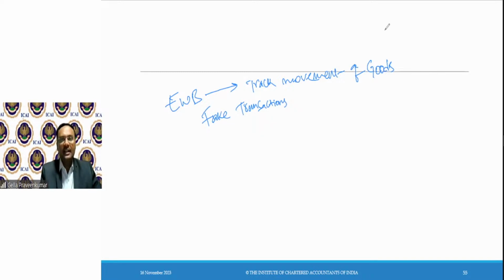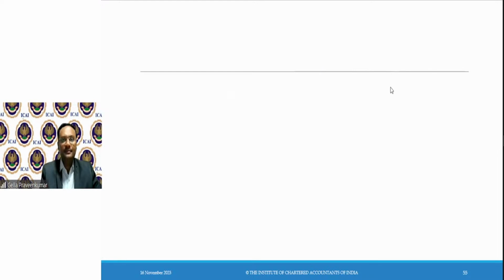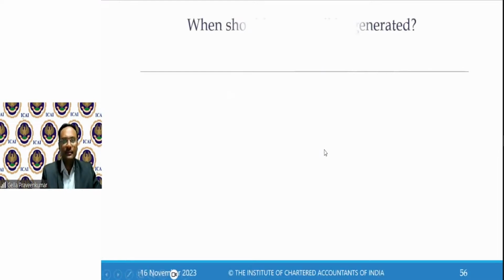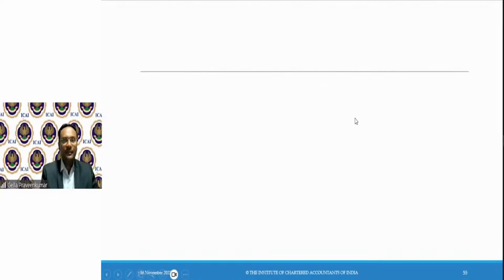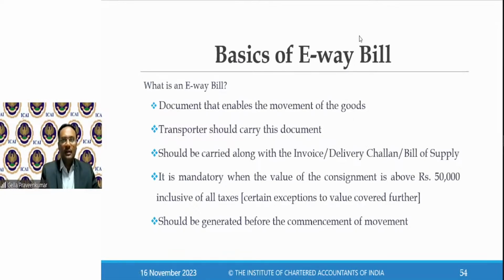To start with our basics. Basics of the e-way bill. What is an e-way bill? The e-way bill is a document.